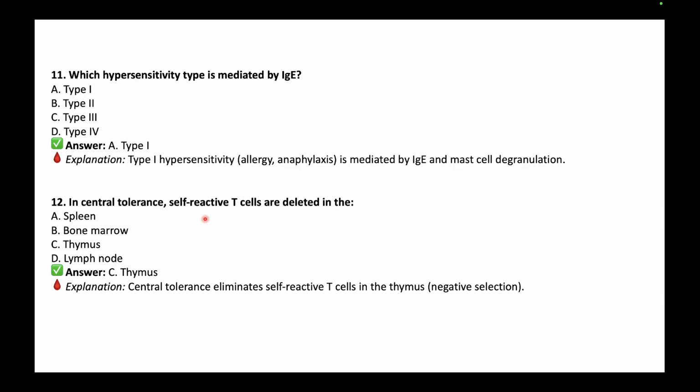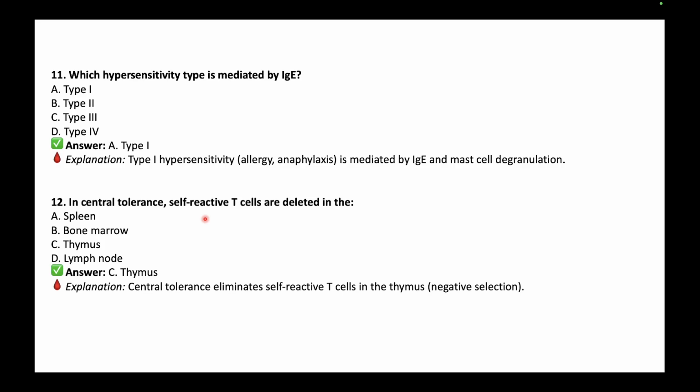Okay, so a control, a checkpoint. First the checkpoint is there in the primary lymphoid organs, so that it should not react with the self cells or the self proteins. It should not show a high response, and that is the central tolerance.